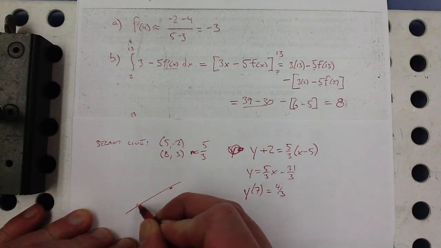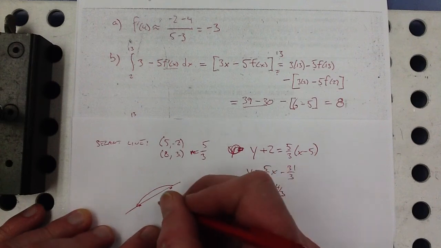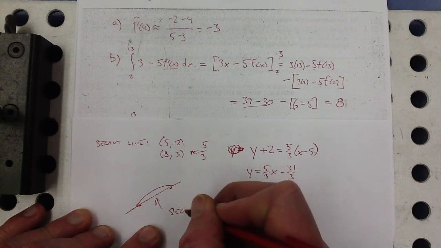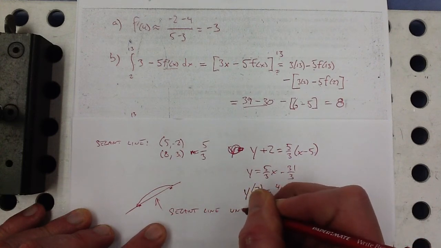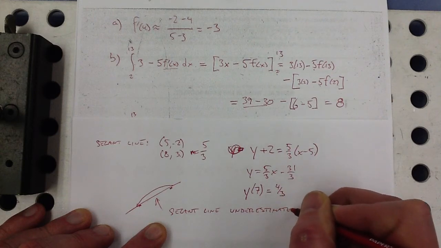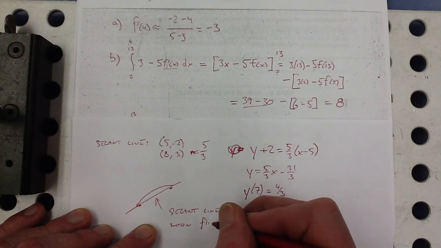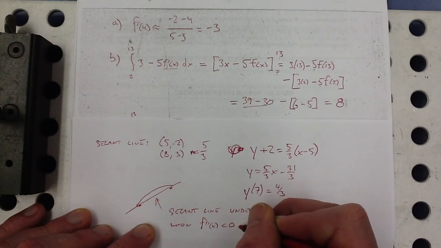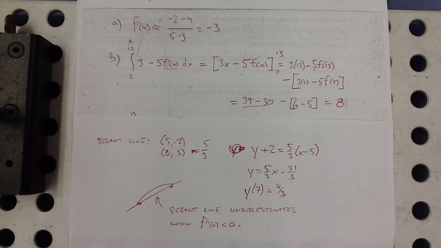If the function is concave down, that means the secant line, just like our other picture, underestimates when the second derivative is negative. Oh, that's kind of a cool part there, I thought. Secant lines, tangent lines, good stuff.